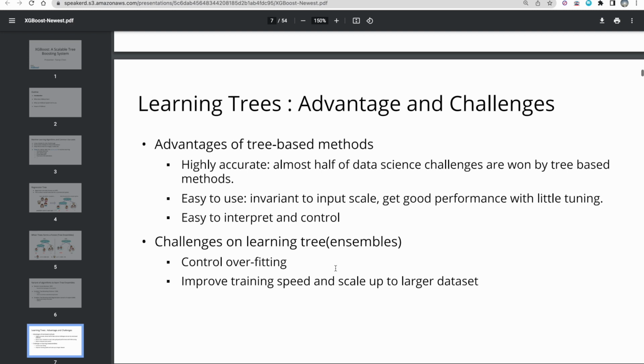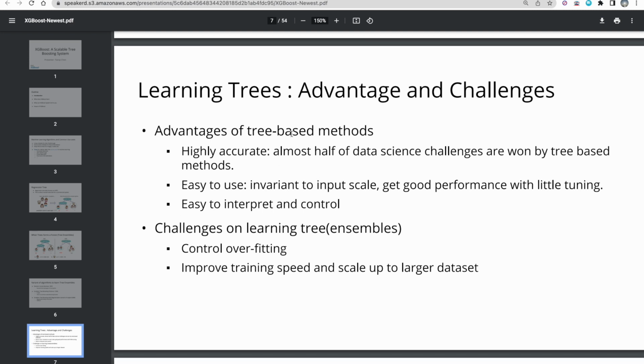Now, he is talking about the advantages of tree-based methods. The normal decision tree, not the ensemble, is very easy to interpret and control. Explainability is very high. It is also highly accurate because you are doing if-else conditions, so if you have not completely overfitted the tree, it will have good predictive power.